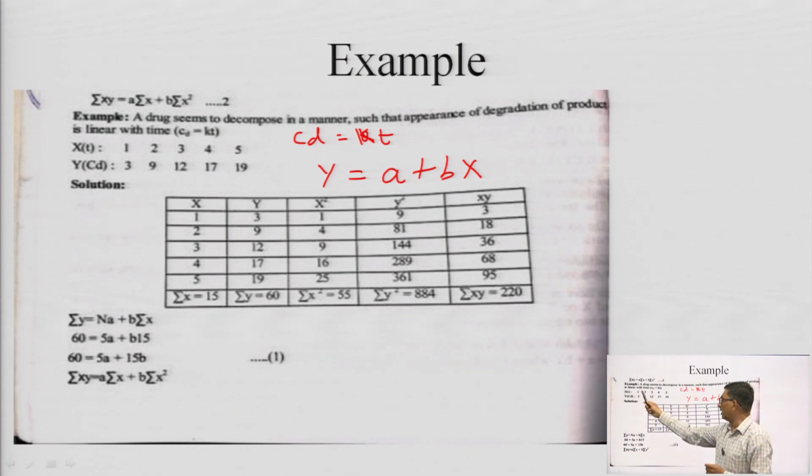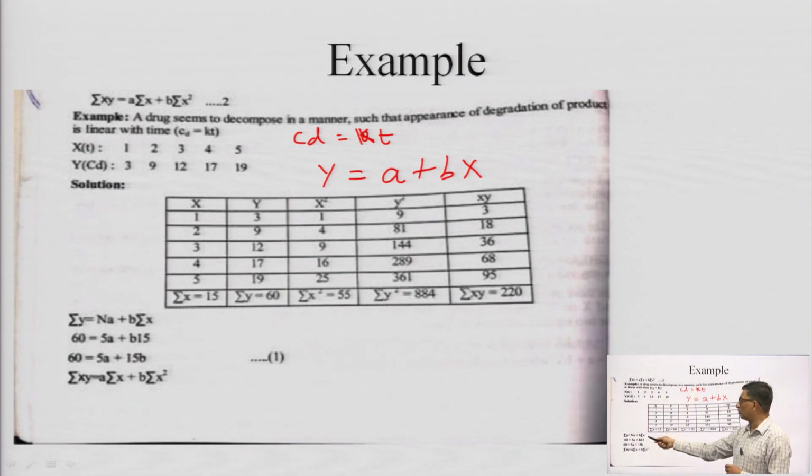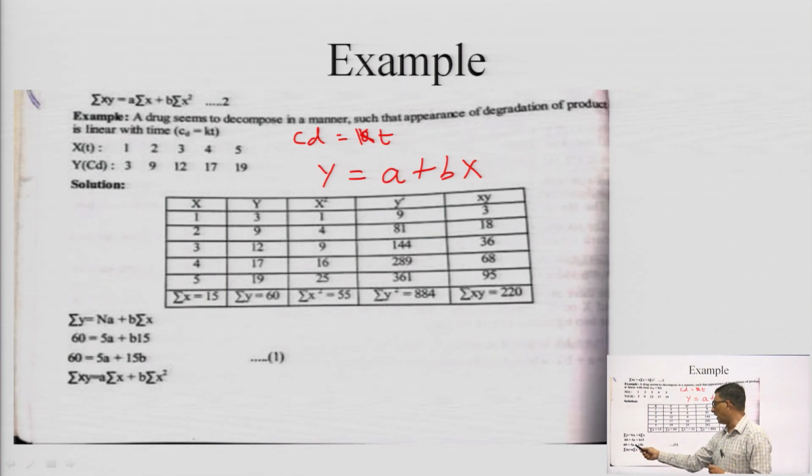In our sample there are 5 samples, so n equal to 5, and summation x equal to 15. On rearranging terms, this is 5 a plus 15 b equal to 60.